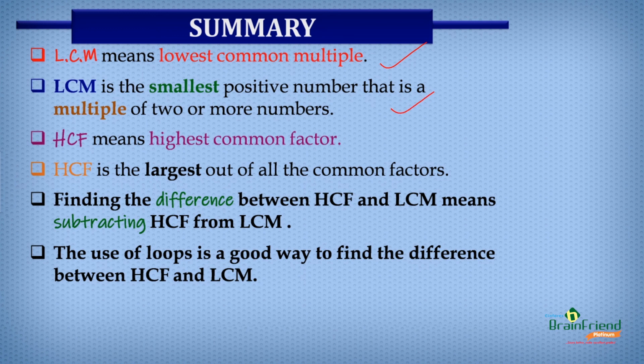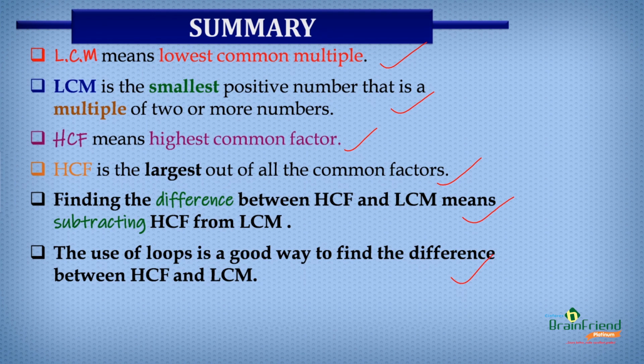Going further, we learned that HCF means highest common factor. We also learned that HCF is the largest out of all the common factors. Also, we learned that finding the difference between HCF and LCM means subtracting HCF from LCM. And lastly, we learned that the use of loops is a good way to find the difference between HCF and LCM.